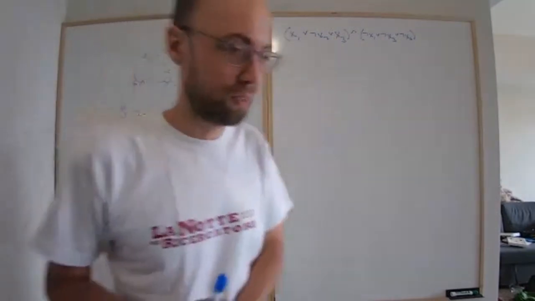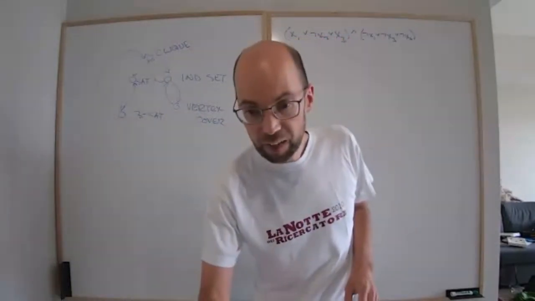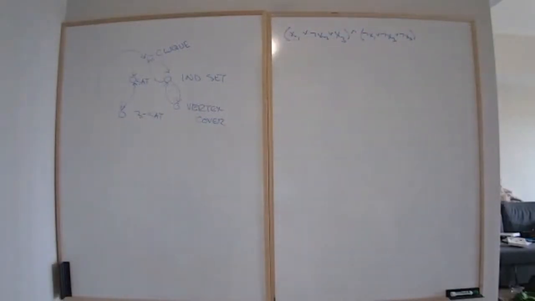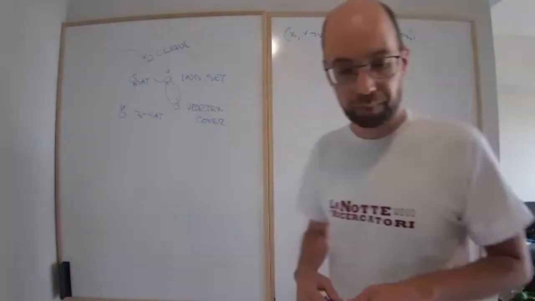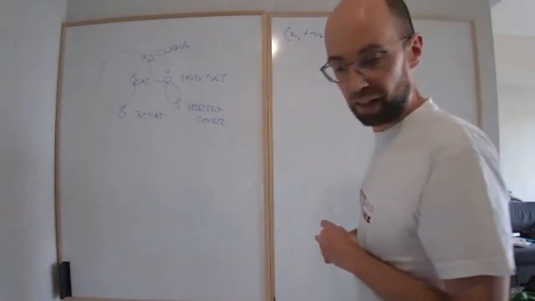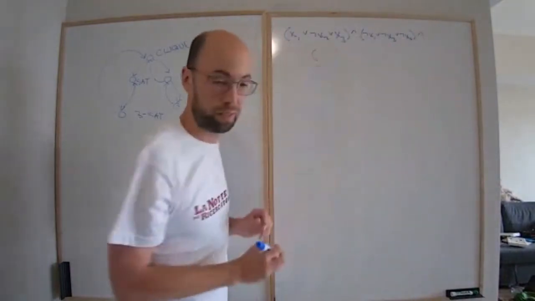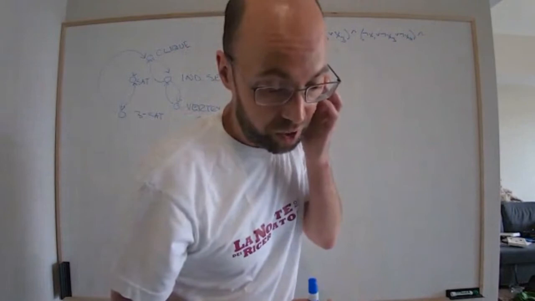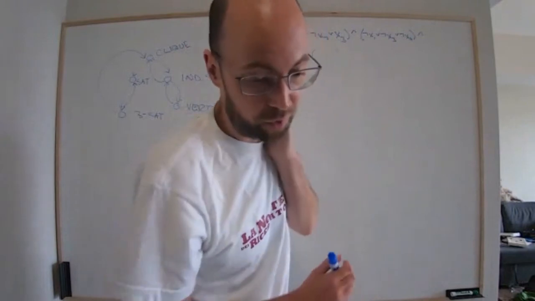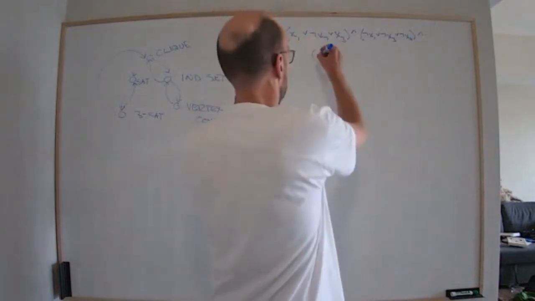So what are we going to do? We have 8 minutes. So I'm not going to get through everything I wanted to today. But what I want to say, I'm going to take this formula, which is x2, x3, x4.